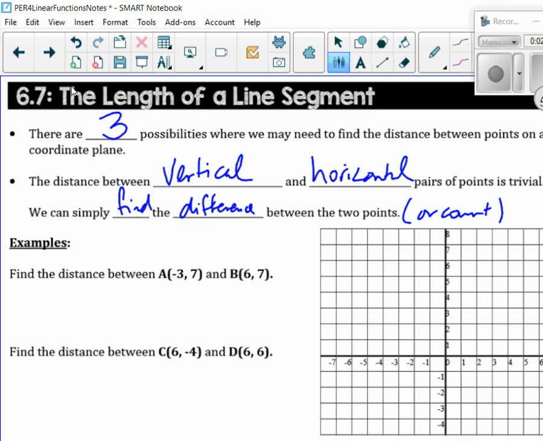First off, we're going to find the distance between A, which is -3, 7, which is 1, 2, 3, 4, 5, 6, 7. There's my A. And B, which is 6, 7.